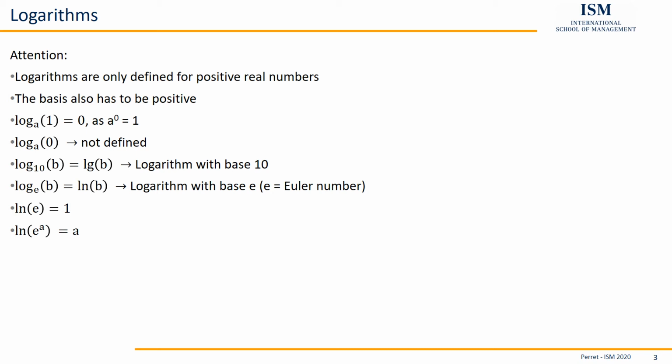So if I then take a look at the rule I mentioned before, so e to the power of ln a is a. So in other words, the logarithm and the corresponding base function cancel each other out.